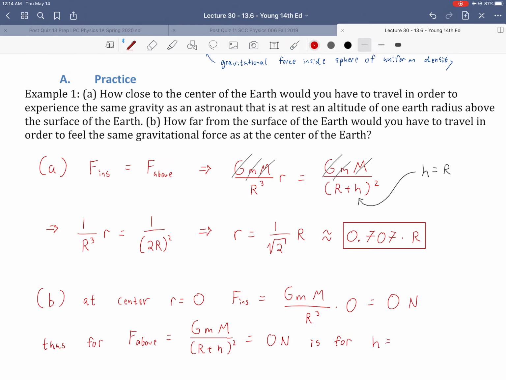Well, that means you have to change something with h. And the only thing you can do is for h to be infinity. Okay? That's the answer.